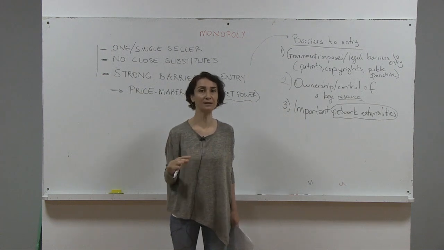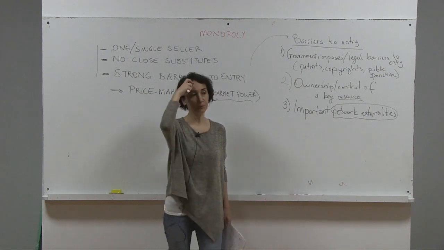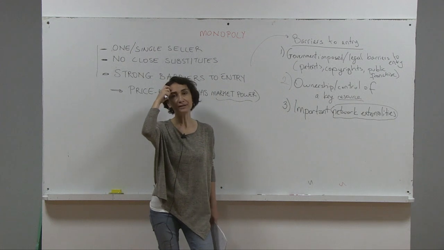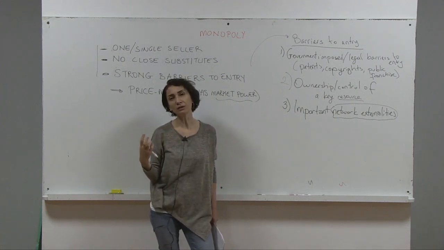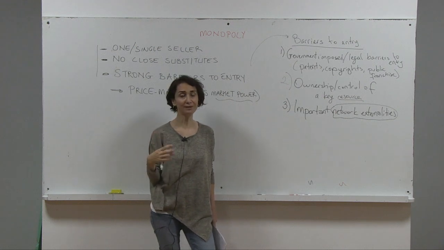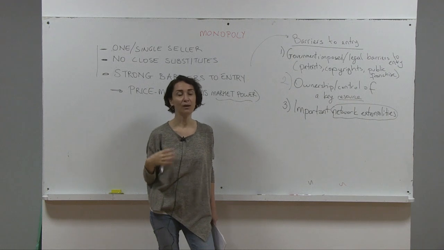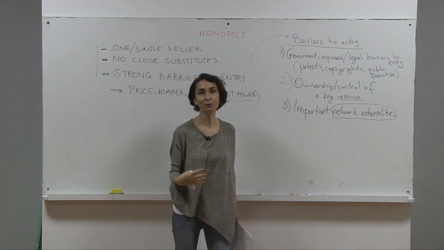What other examples can we think about? The perfect example is Facebook. There are actually other companies and other websites that look like Facebook. But the reason you are using Facebook is because your friends are on it.